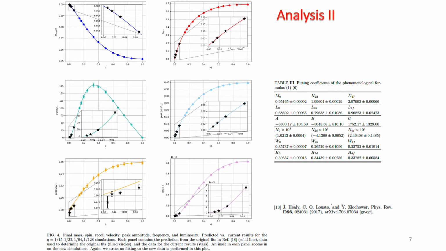I'm displaying just the extrapolation of the previous curve with the prediction for the mass, spin, recoil velocity, peak amplitude, peak frequency, and peak luminosity, so to say. All of them lie very well within the predictions, which essentially also provides us with confidence about the accuracy of our simulations.